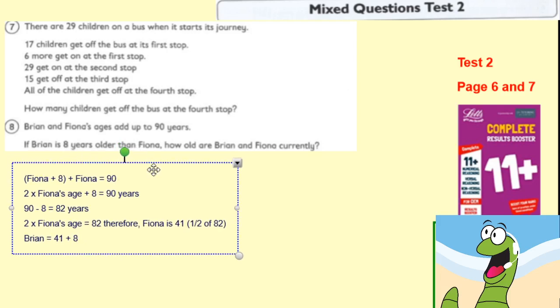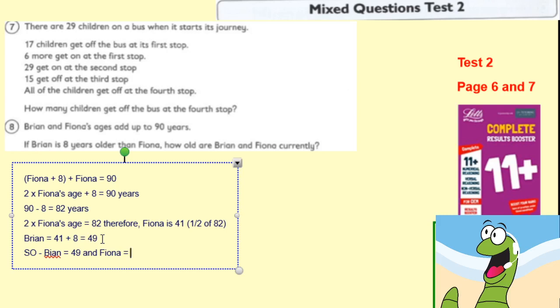Brian is 8 years older than Fiona, which means 41 plus 8, which means 49. So Brian equals 49 and Fiona equals 41.